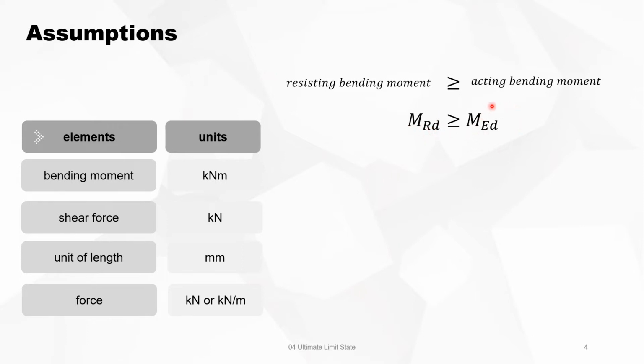MED is the acting bending moment. It is the design value of the acting bending moment. Sometimes we will use MD. This is the design value of the bending moment at the point when MED is equal to MRD. So MED means both.